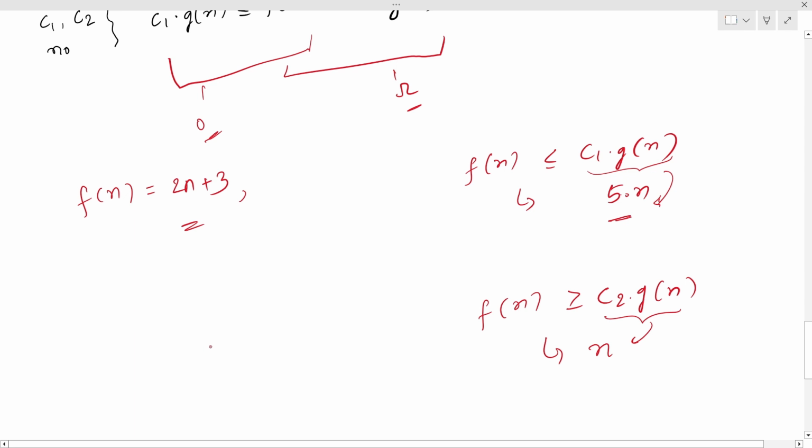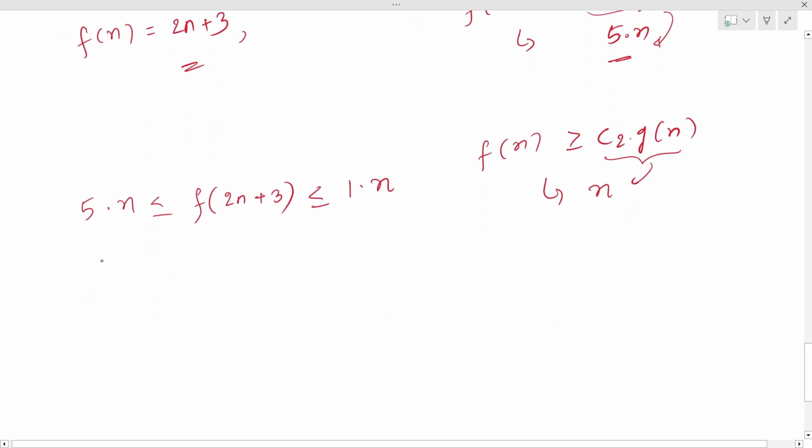So we can write this f of n, 2n plus 3 or something like this, as 5 into n and 1 into n. It is as simple as that. So this 5 is c1 and this n is g of n, or you can write something like g1 of n, and this 1 is c2 and this n is g2 of n, something like this, right?